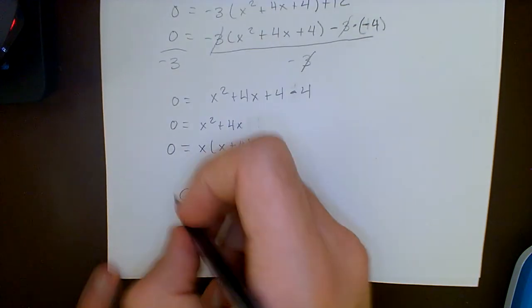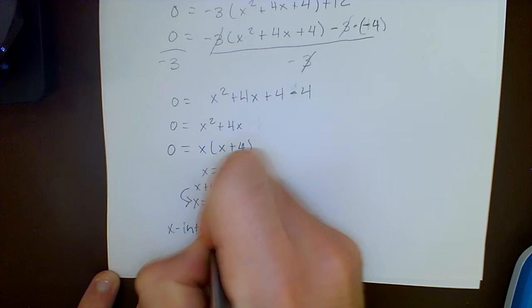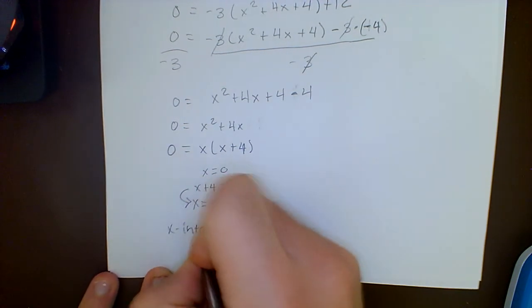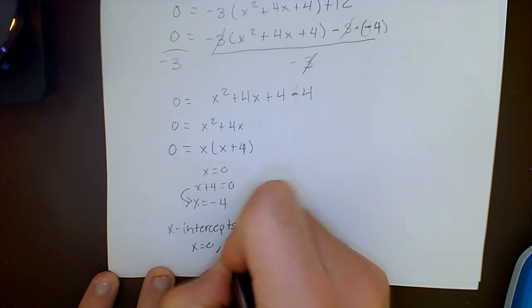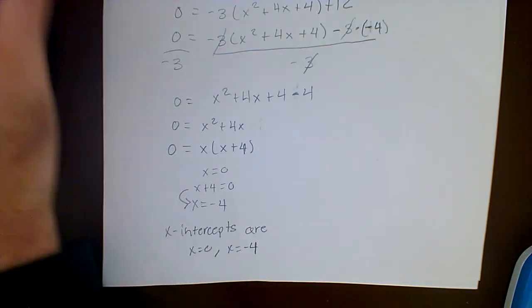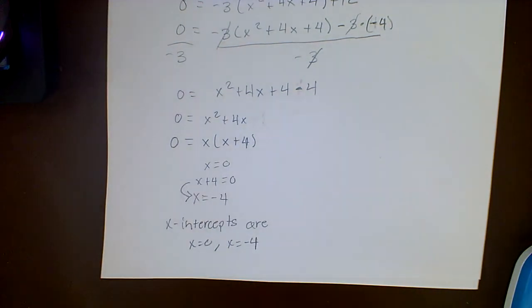So the x-intercepts are x equals 0 and x equals negative 4. So, again, another important point to find.